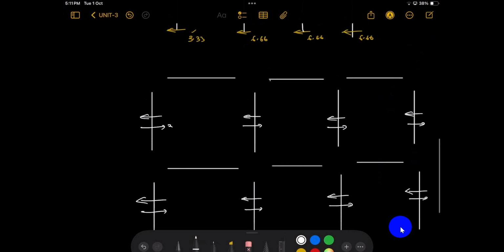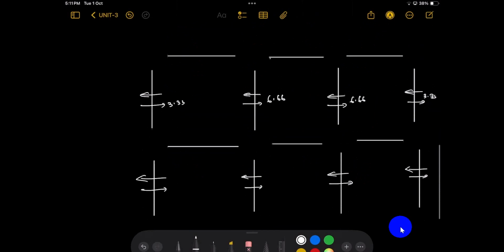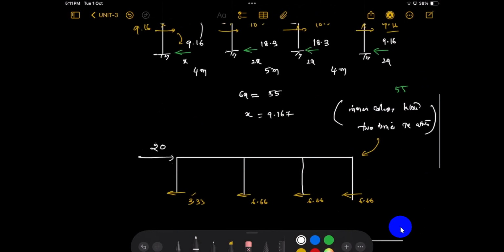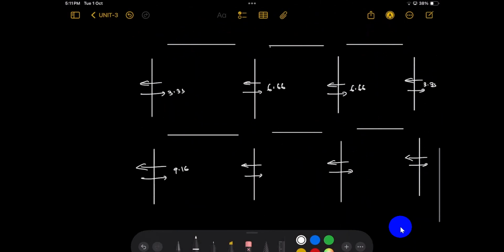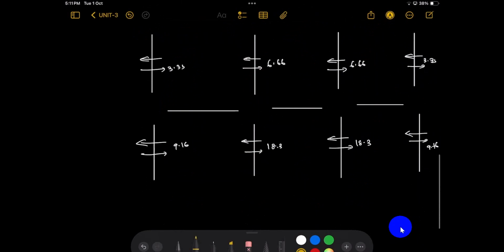It's 3.33, 6.66, 6.66, 3.33. Here 9.16, 18.3, 18.3, 18.3, 9.16. So maybe you can write it like this.